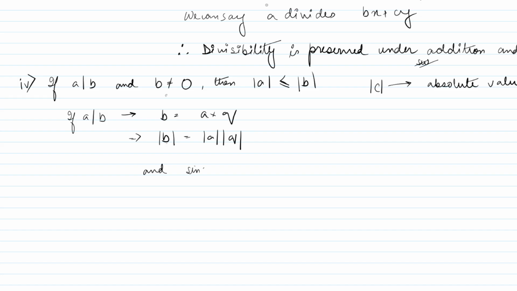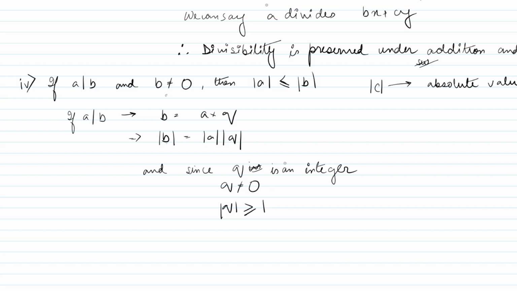Since Q is an integer and Q is not equal to 0, that means mod Q is greater than or equal to 1, right?